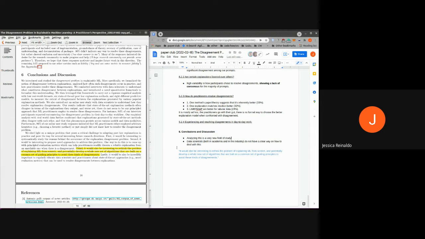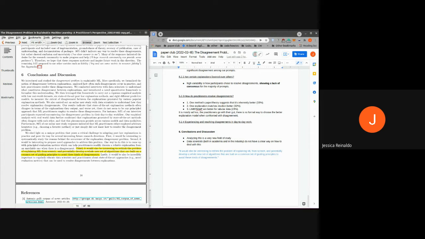So yeah, the conclusion is that it's not very clear what we are doing, and they say that it's interesting to rethink this problem from scratch and try to develop new algorithms that are built differently, setting guiding principles to avoid this kind of disagreement.